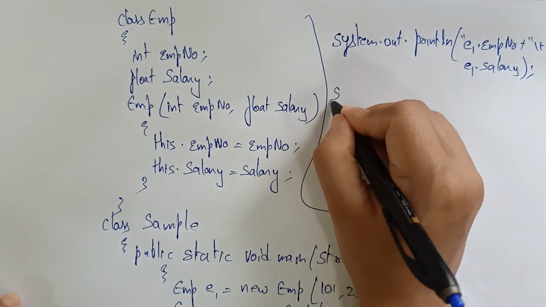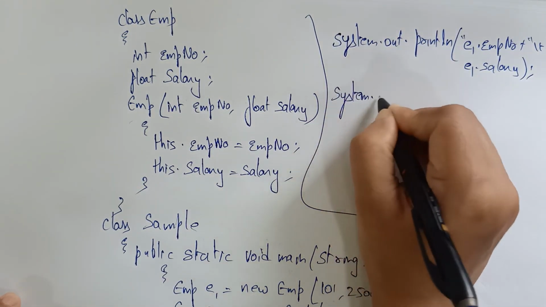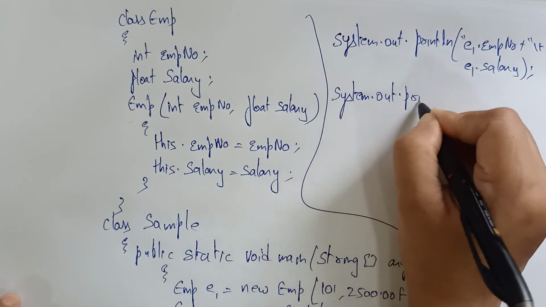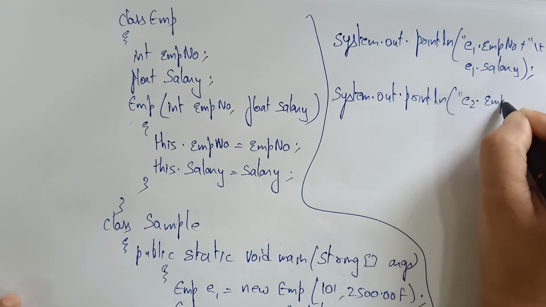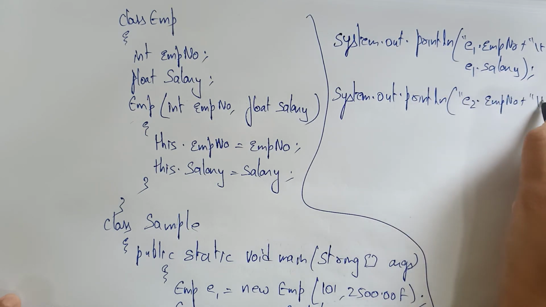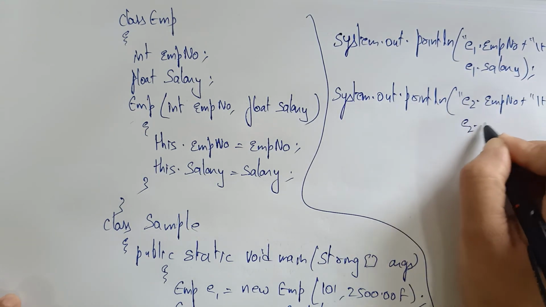In the same way for the next object, System.out.println E2.employeeNumber, give a tab space so that it will appear neatly.